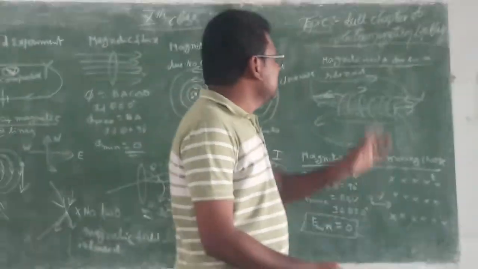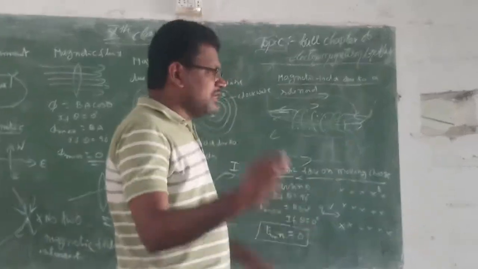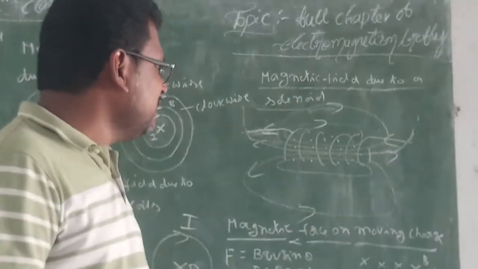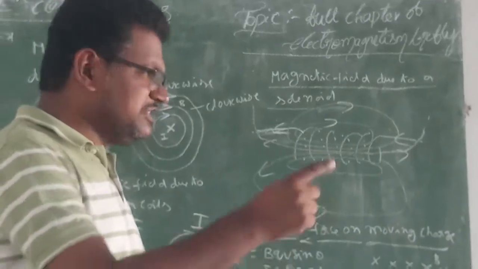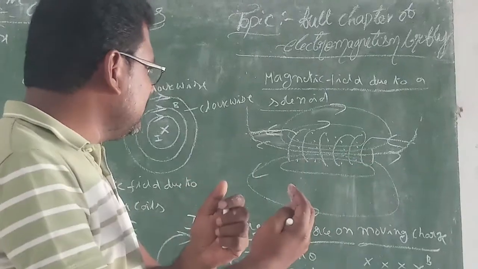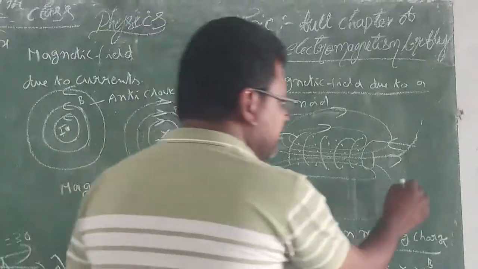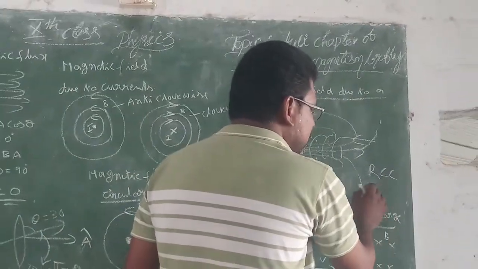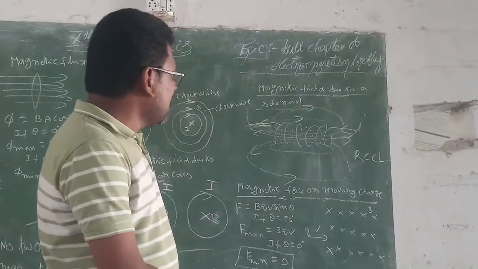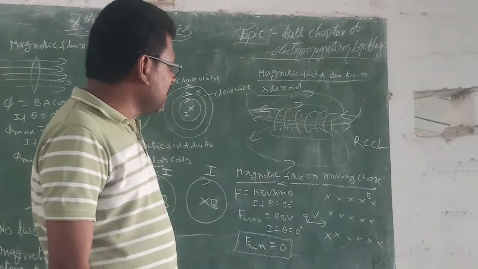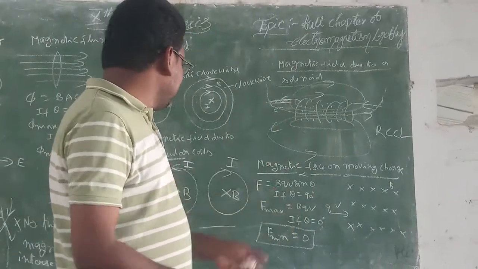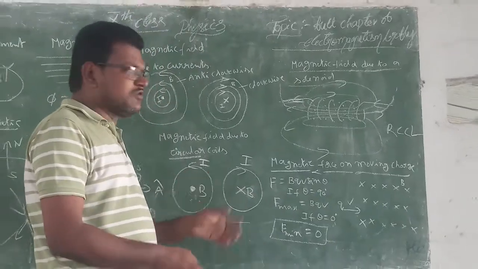Now let's see magnetic field due to a solenoid. I already explained previously what is meant by magnetic field and what is meant by solenoid. A solenoid consists of a number of turns closely packed, and its radius is very much less when compared to its length. The magnetic field due to a solenoid is also like the magnetic field due to a circular coil.